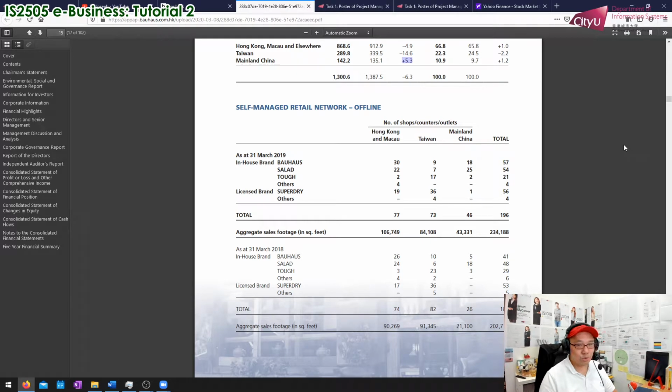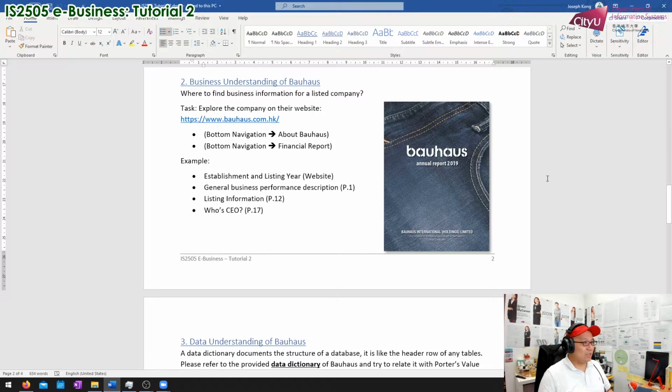So the number of shops they have in Hong Kong, in Macau, and in mainland China, something like that. So these are some of the locations that you can go to look at some kind of background information, understand the business, understand the current situation of this business. So this is also helpful for you in the future.